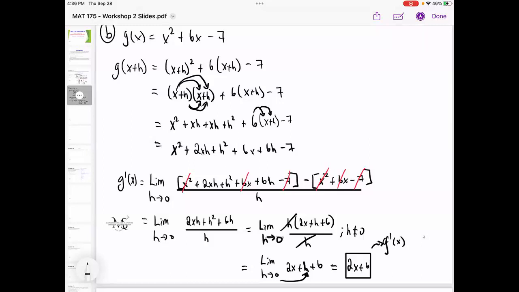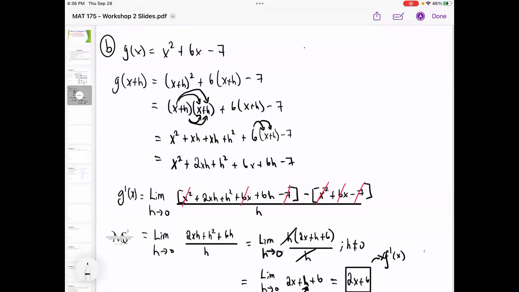You could have rewritten our original formula as saying g prime of x is equal to the limit as h approaches 0 of g of x plus h minus g of x over h. It's part of the original formula. I only wrote the formula once at the beginning slide, but I never keep writing it down. This is just workspace.